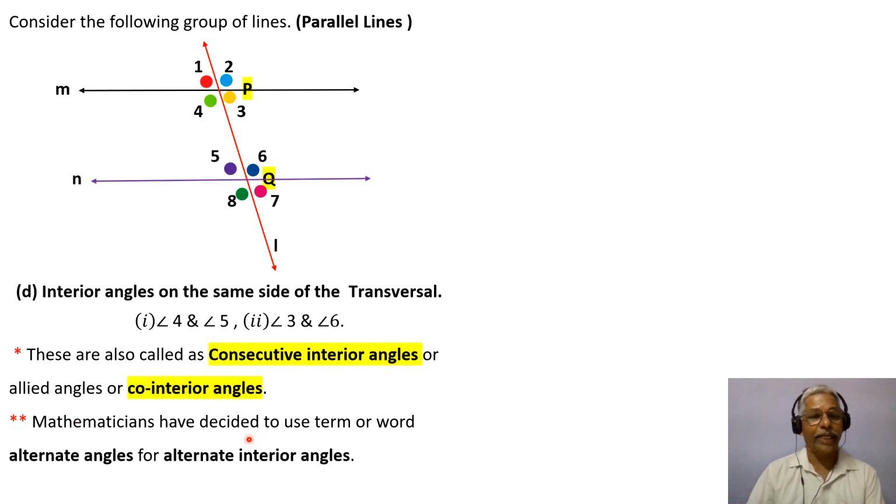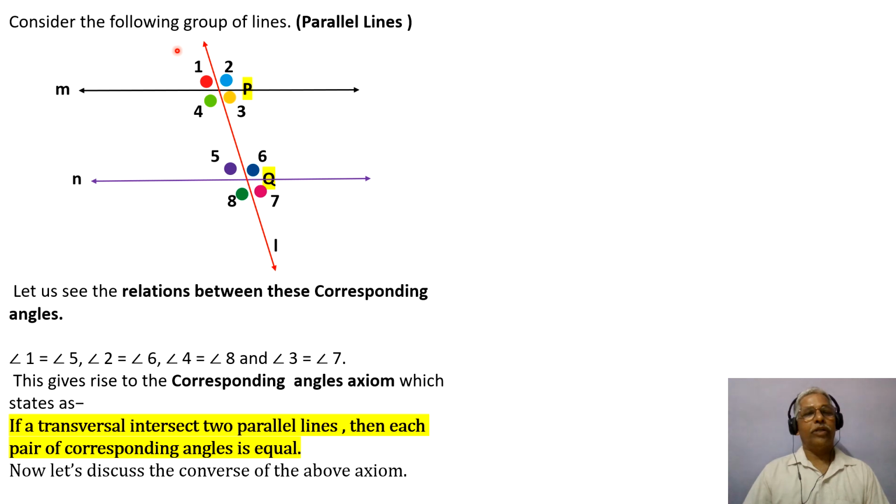Mathematicians have decided to use the term alternate angles for alternate interior angles, like 4 and 6. Remember this. After nomenclature, we will see the properties and relations between these pairs of angles.